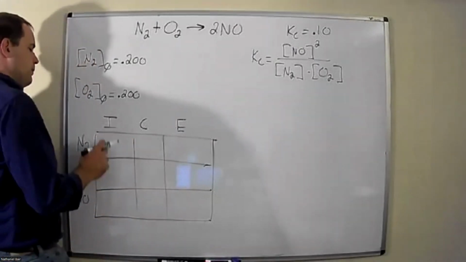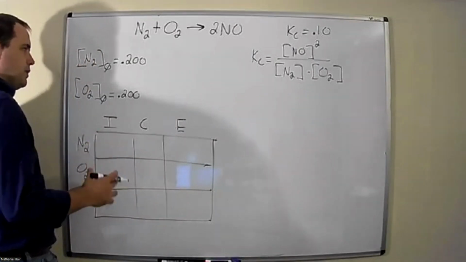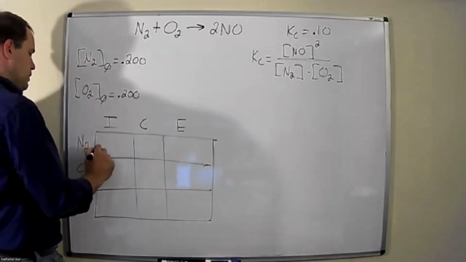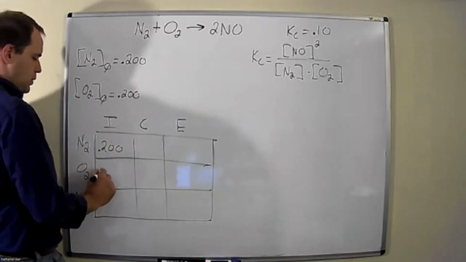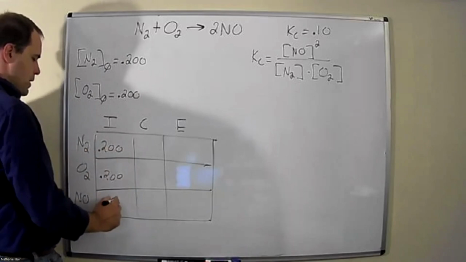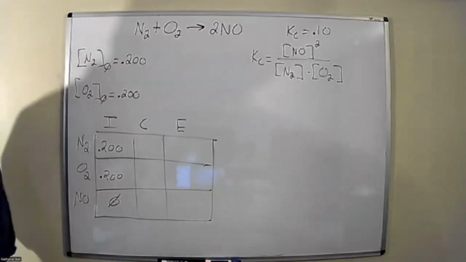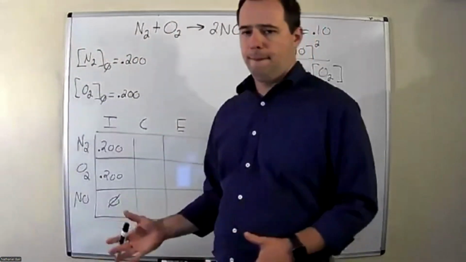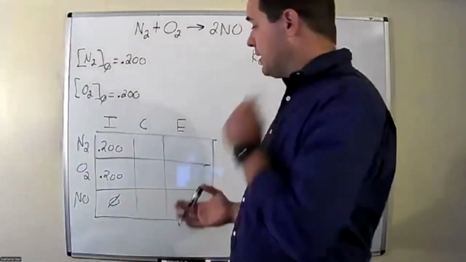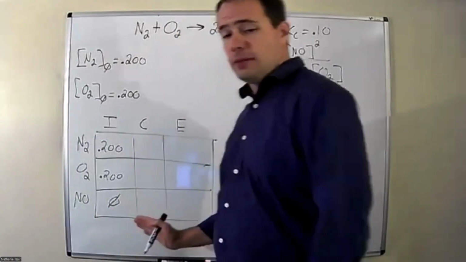Now, the initial column should be the easiest column to fill in. The initial column is asking for the initial concentrations. The initial concentration of N2 is 0.200, and the initial concentration of O2 is 0.200, and there was no initial NO. So check that. How's your ice table looking? Next, the change column.